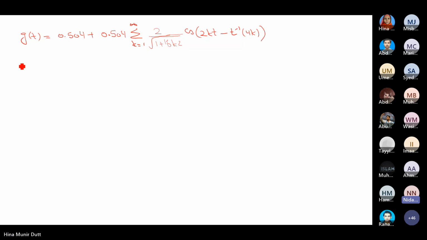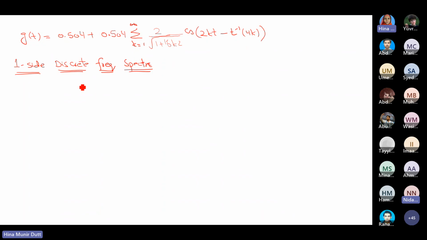Remember that this is the one-sided discrete frequency spectrum, and my frequency components are omega k equal to k omega, omega is 2, so this is 2k, which are known.